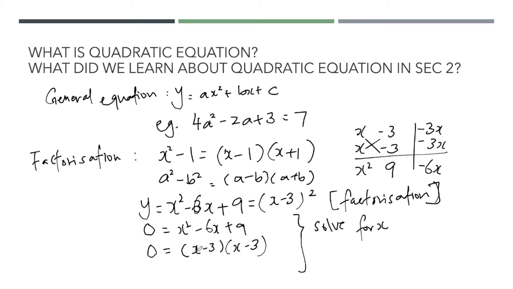When x minus 3 is equal to 0, either this bracket equals 0 or this bracket equals 0, but in this case both brackets are the same, so x equals 3. So this is what you have learned. You have learned to factorize and solve a quadratic equation.